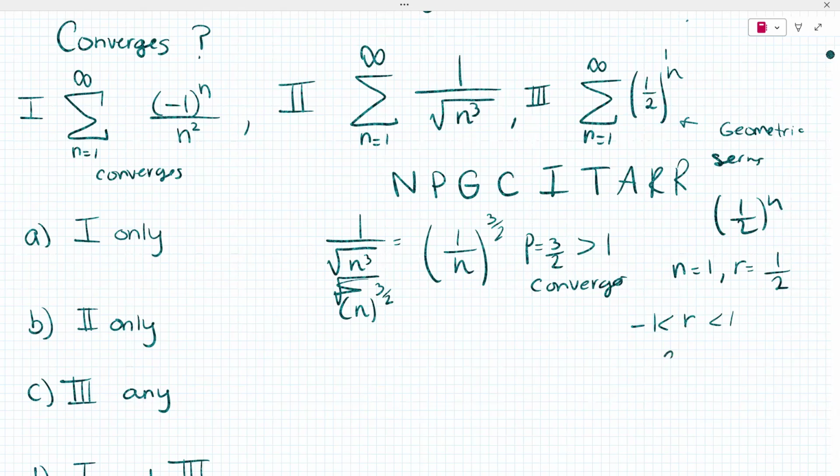That means it converges. So it looks like all 3 converge, so I'm going to say letter E, 1, 2, and 3 are all convergent.